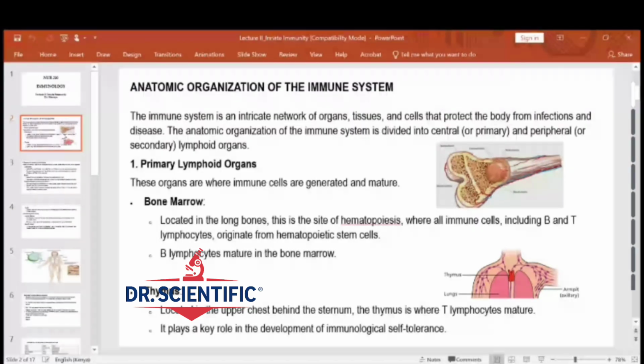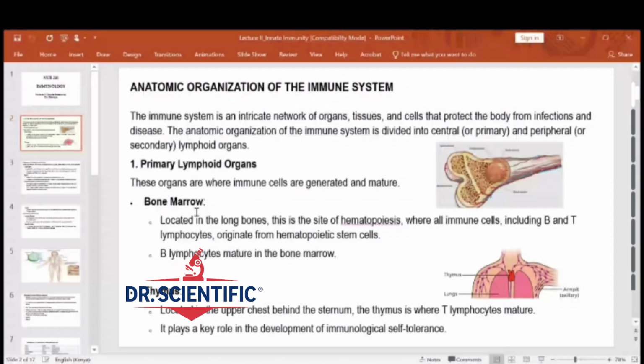And maybe the secondary would be where other activities in the immune system occur. In terms of the details, the primary lymphoid organs are specifically the bone marrow and the thymus.